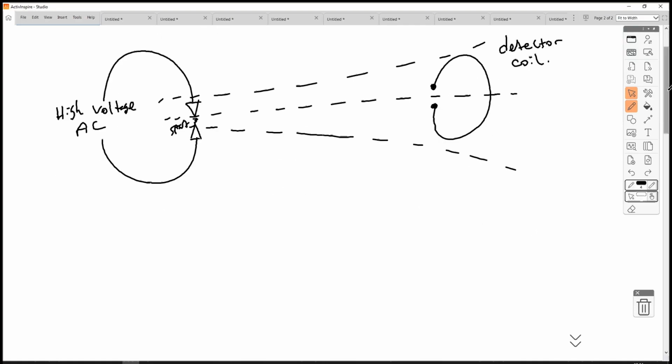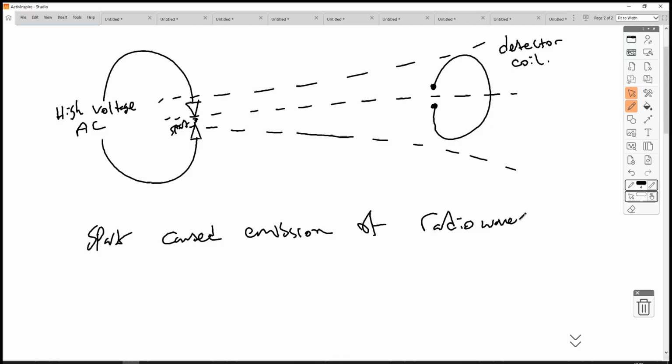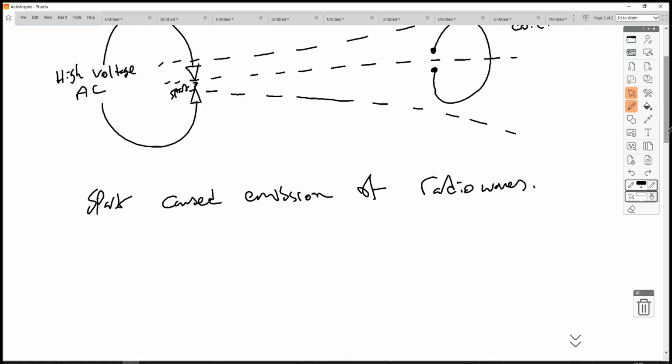So the spark caused emission of radio waves. Radio waves are electromagnetic waves, which means that they have E fields and B fields.